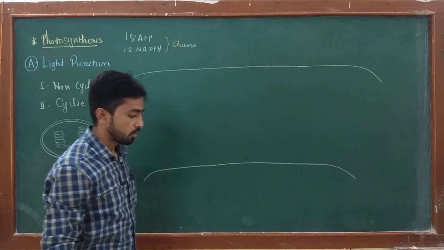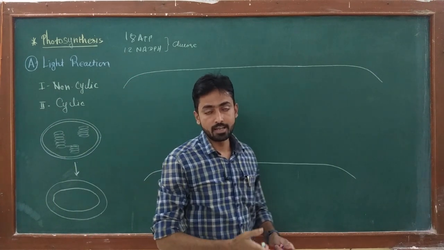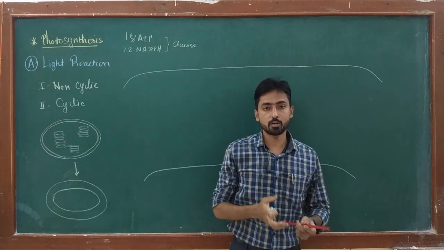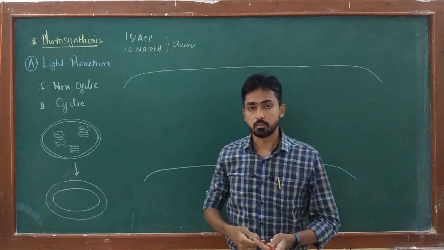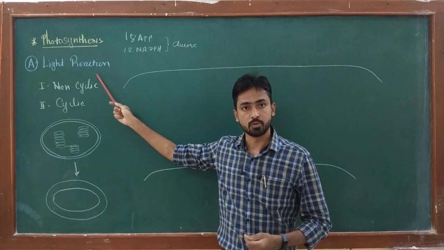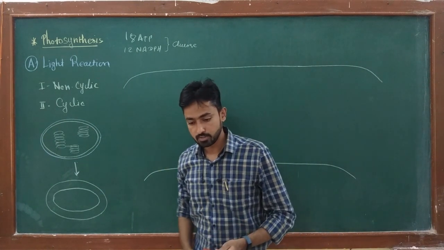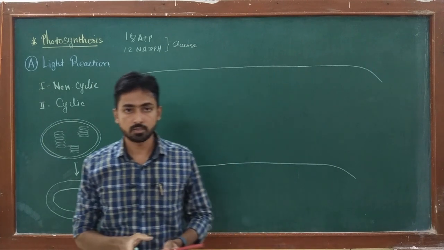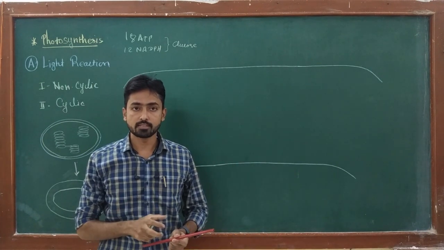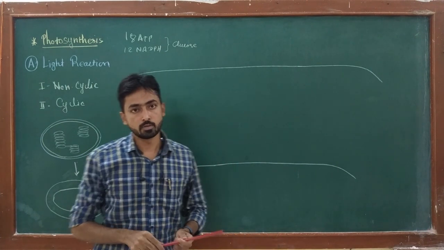So the Calvin cycle always has a high energy requirement, and that requirement is fulfilled by the light reaction. In this video I'm going to discuss in detail the light reaction, its type, and how exactly it occurs inside the chloroplast.